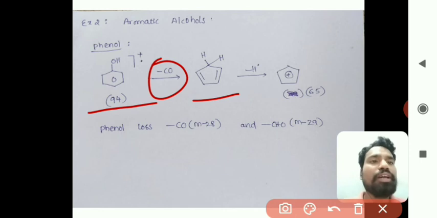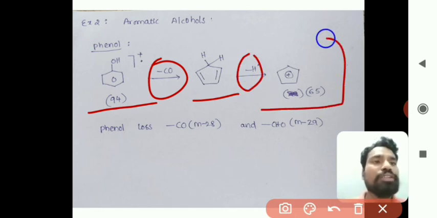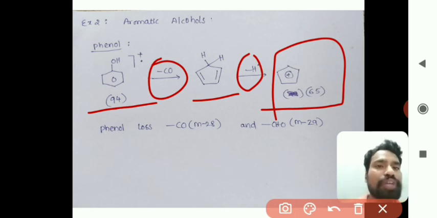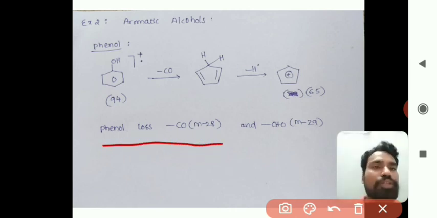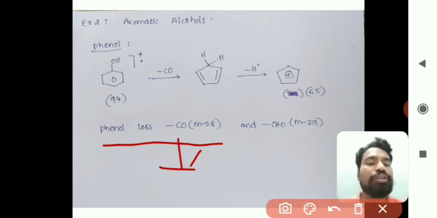Then by losing a hydrogen radical, it forms C5H5+, which corresponds to 65, right. In the case of phenols, they lose CO in the first fragmentation process, that is M minus 28, since the mass of CO is 28.